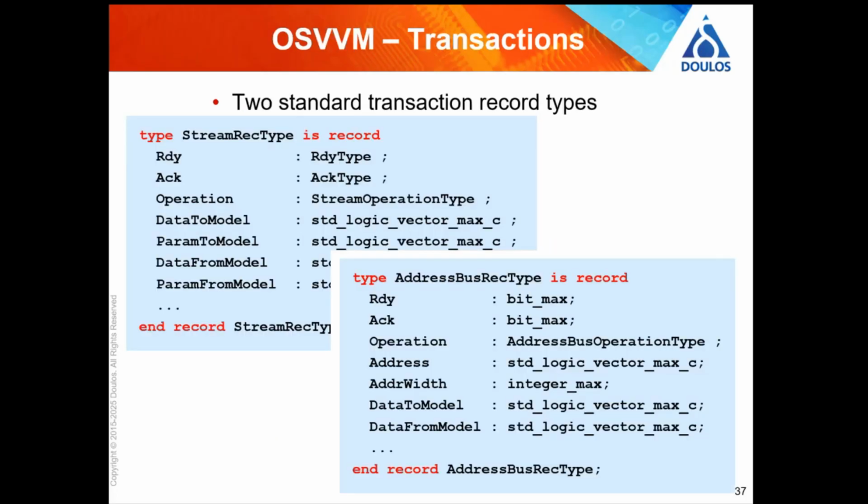So one thing that you get with OSVVM is some standard transactions. If you think about it, many systems have transactions that need addresses and data and whether they're a read or write and things like that. And so this methodology actually has a transaction for any bus system or memory or anything like that. And there's another one called streamrec type, for some other similar but generic streaming idea.